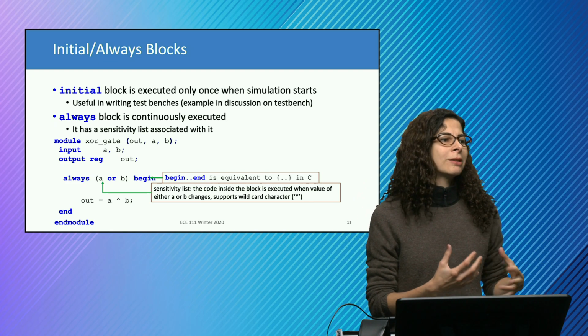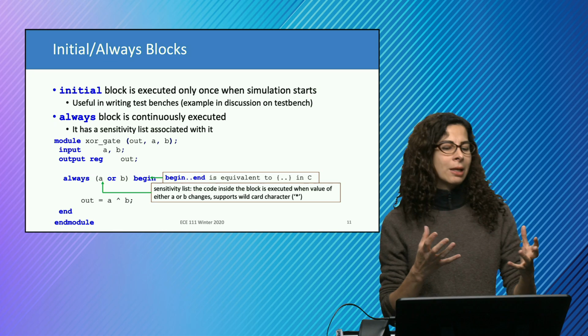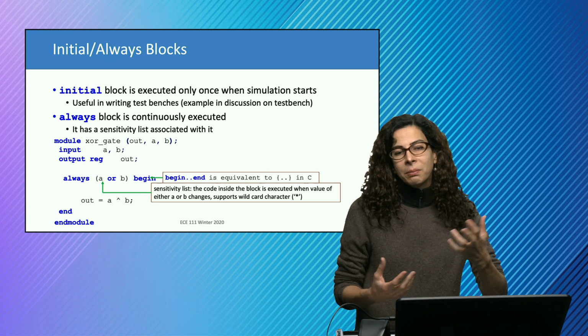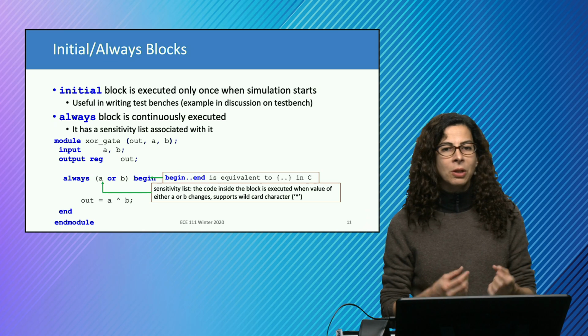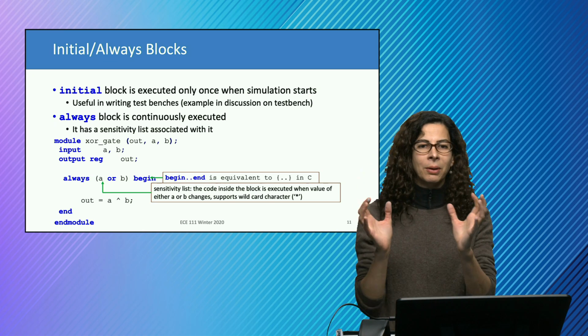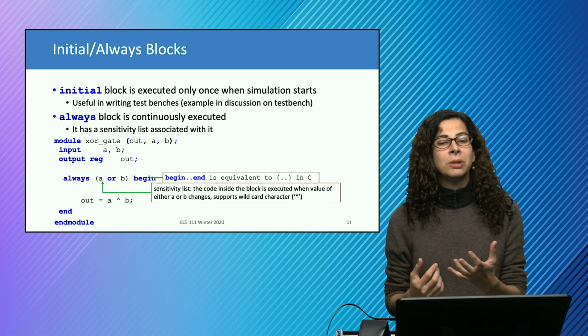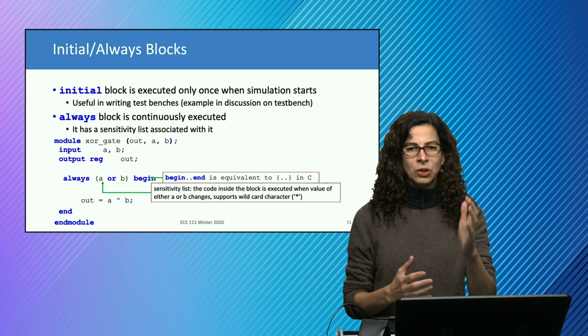If you put sensitivity to, say, A or B, this may not be the whole list of the inputs coming into your design. You could have other inputs. If you write always and then parenthesis star, it will be sensitive to anything that comes in and changes at the time.